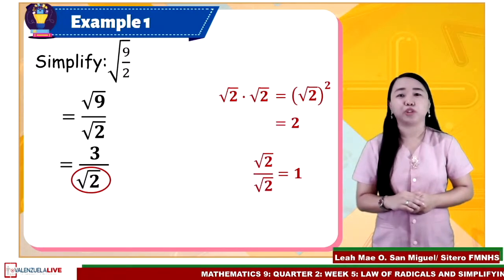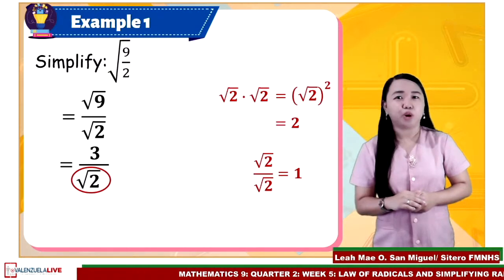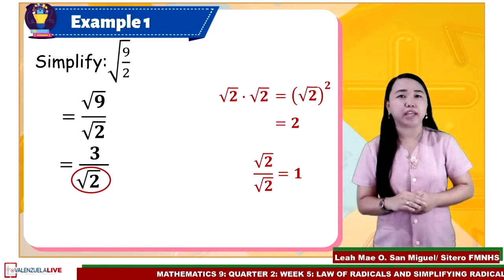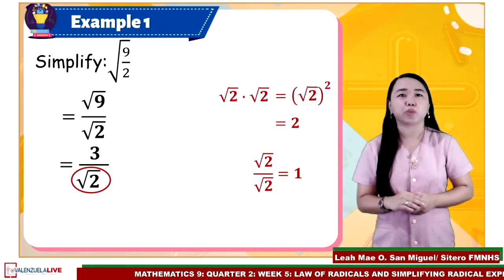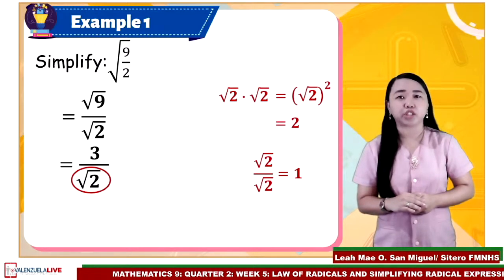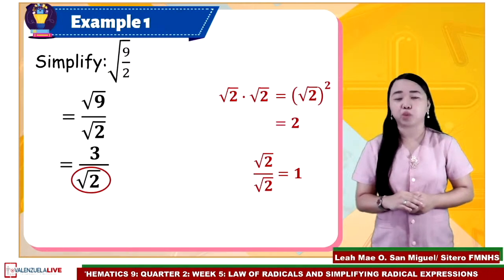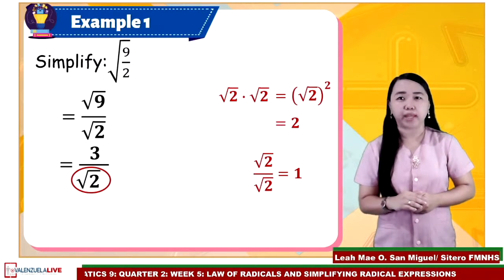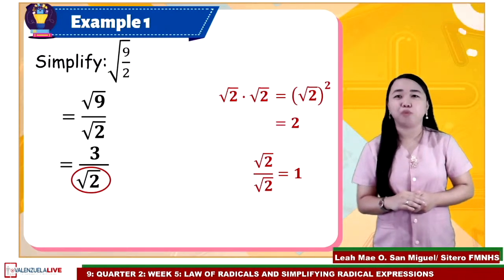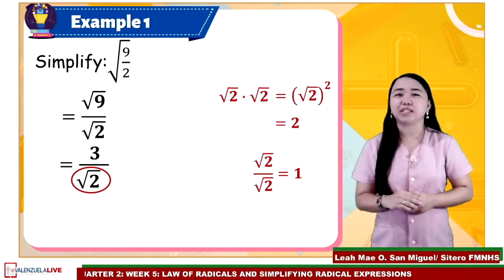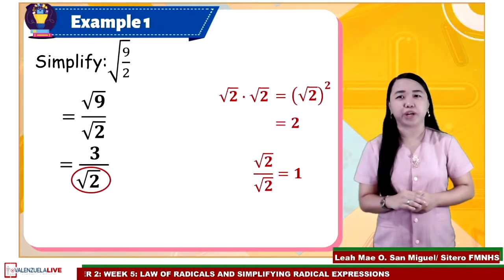Take note that multiplying the numerator and denominator by square root of 2 does not change the value, because square root of 2 divided by square root of 2 is 1. And any number multiplied by 1 does not change the value of the number.